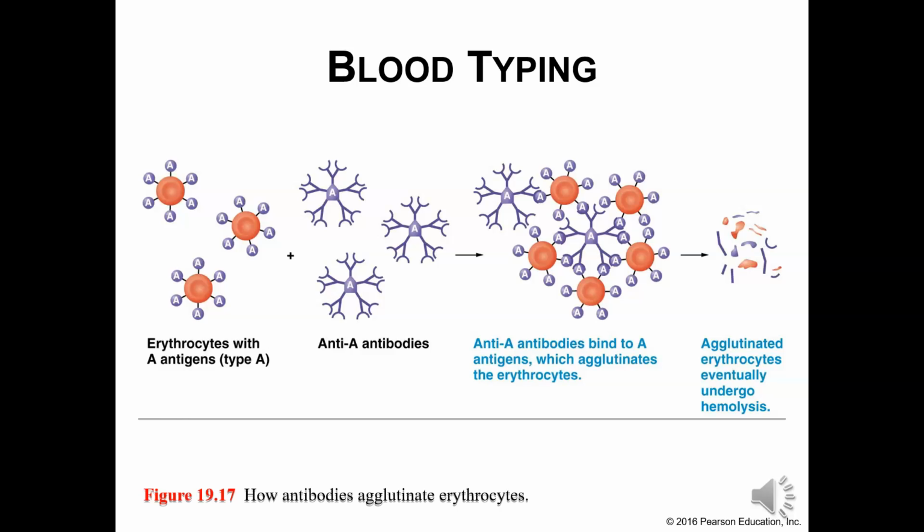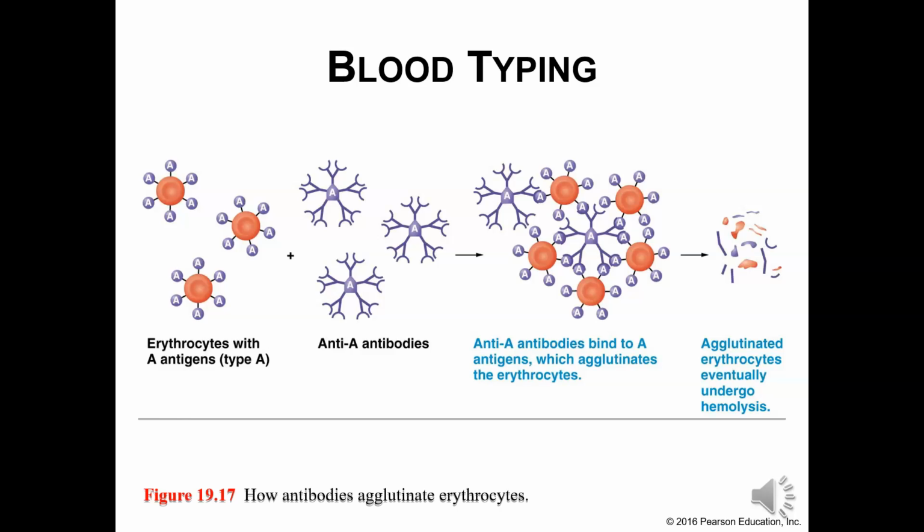So here's an erythrocyte that has A antigens, as you can see by these little purple, or the white letter A in the circle. Okay, those are the A antigens. So this person has A blood. And then the antibodies. These are called anti-A antibodies. Antibodies are Y-shaped molecules, like you see here.